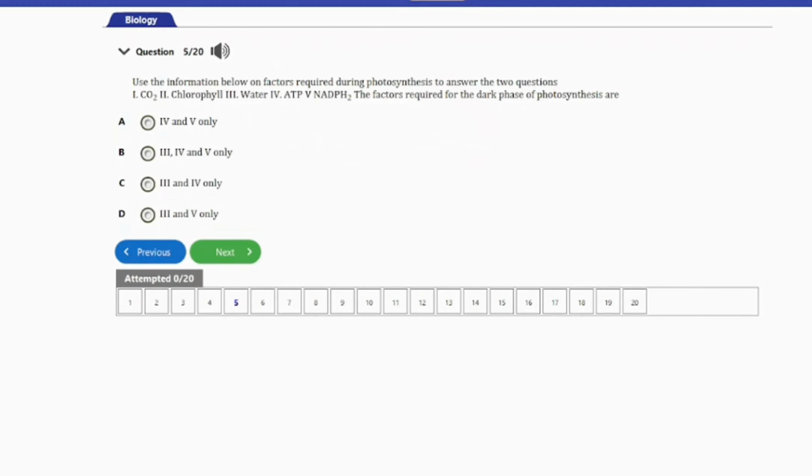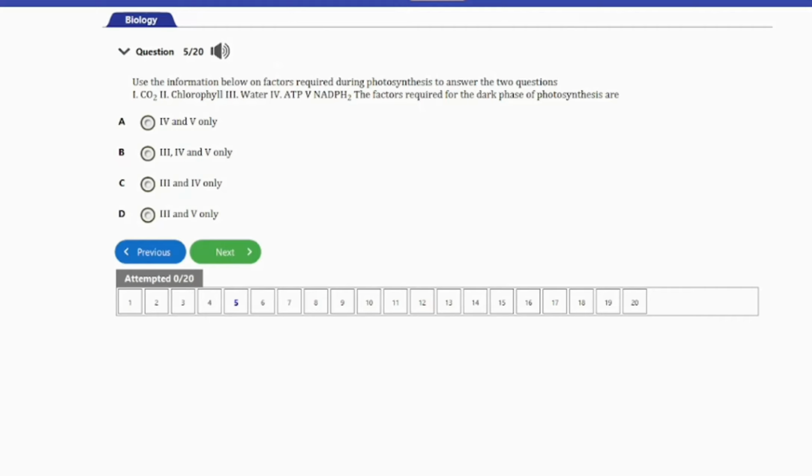It says, use the information below on factors required during photosynthesis to answer the 2 questions. We have I, CO2, II, chlorophyll, III, water, IV, ATP, V, NADPH.